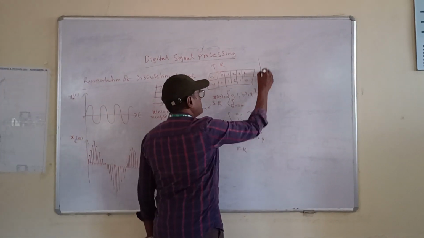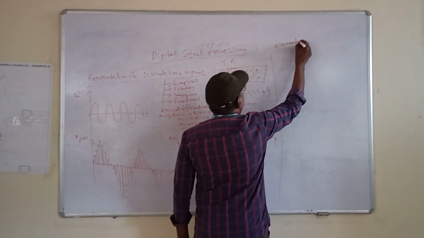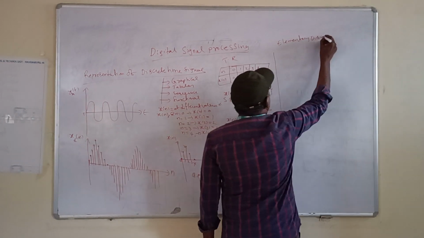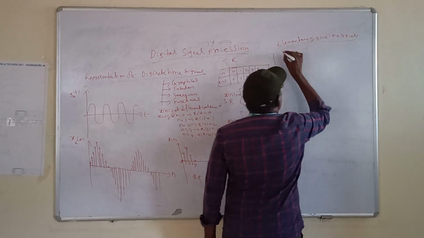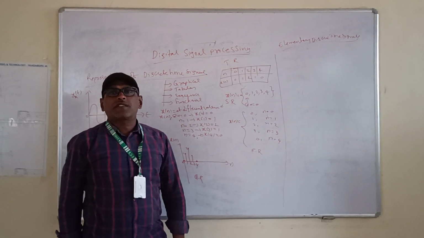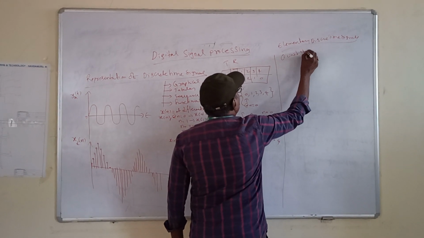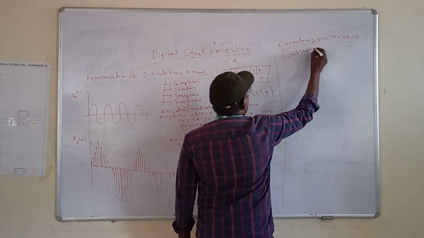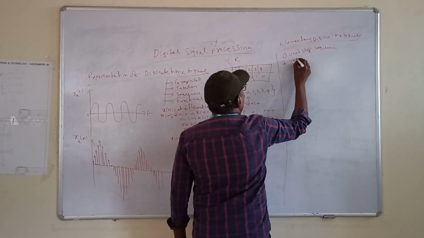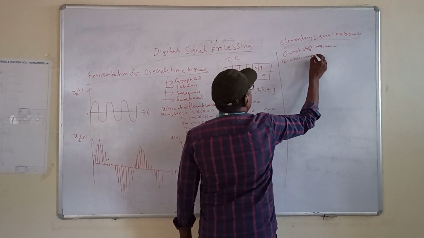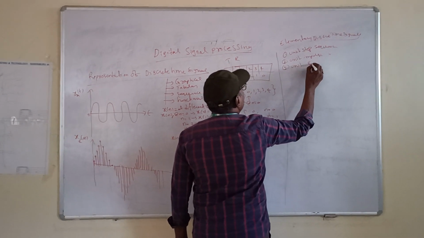Coming to the next, elementary discrete time signals. What are the different elementary discrete time signals? First one is unit step sequence. Second one is unit impulse sequence. Third one is unit ramp sequence.